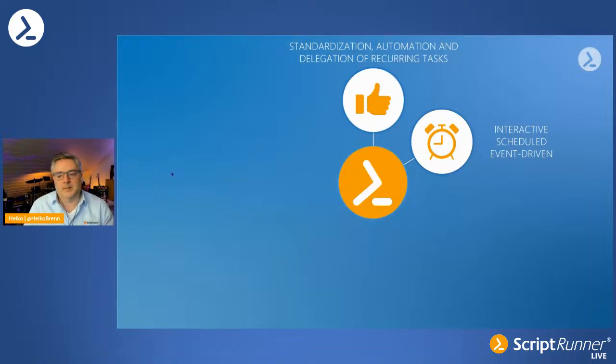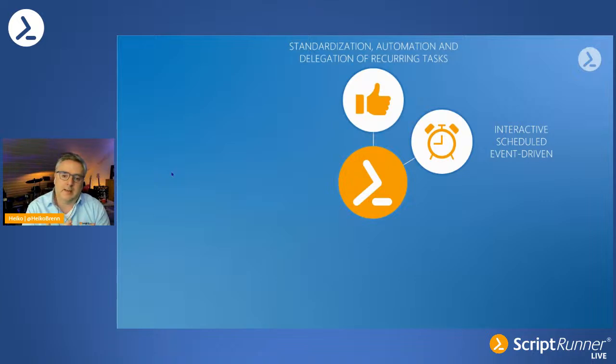And event-driven enables you to establish an end-to-end automation where you, for example, might have a Jira or ServiceNow system where you trigger and organize processes, for example, an onboarding. And at one point, when everything is approved, you can enable Jira, ServiceNow, any other system that's able to talk REST to trigger the execution of the necessary scripts in the background in ScriptRunner.